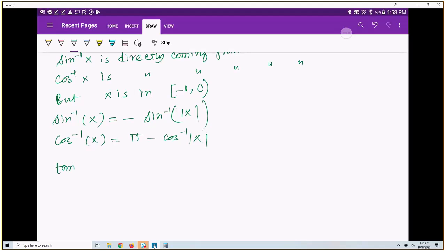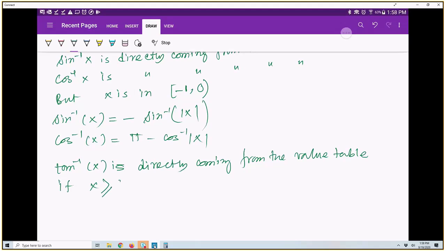So I will say tangent inverse of x is directly coming from the value table if x is non-negative, and tangent inverse of x is negative of tangent inverse of absolute value of x if x is less than 0. So as I said, there are a bunch of different rules.